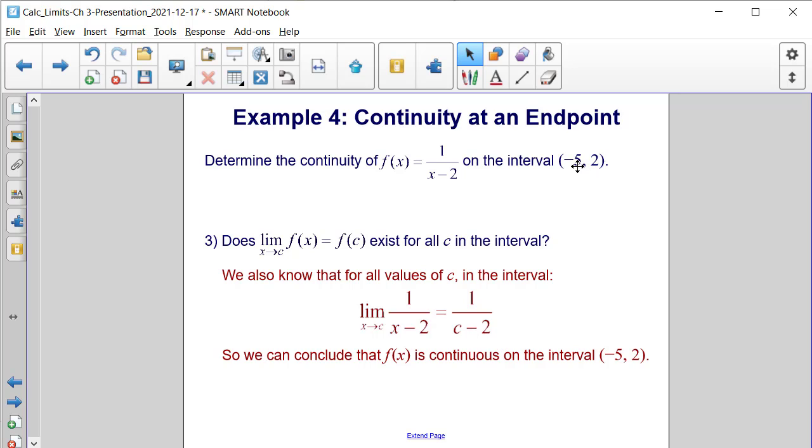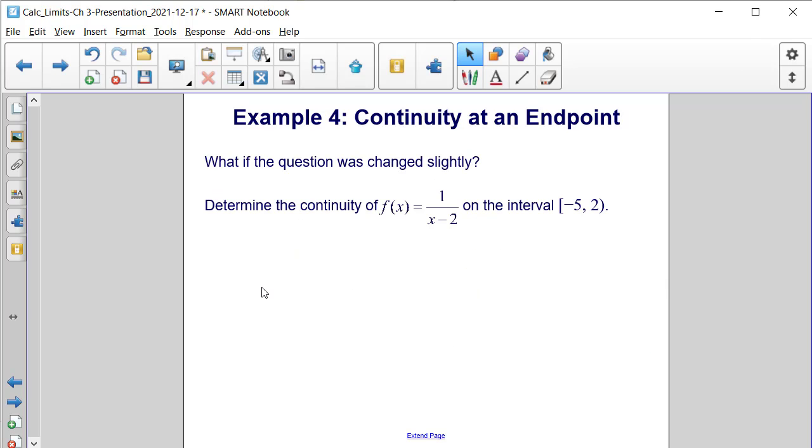And whether I put -4 in there and get -1/6, or -3 in there and get -1/5, that limit is going to exist and be continuous and equal the function value within all of the x values given in this interval. So we can conclude that f of x is continuous on the open interval from -5 to +2.